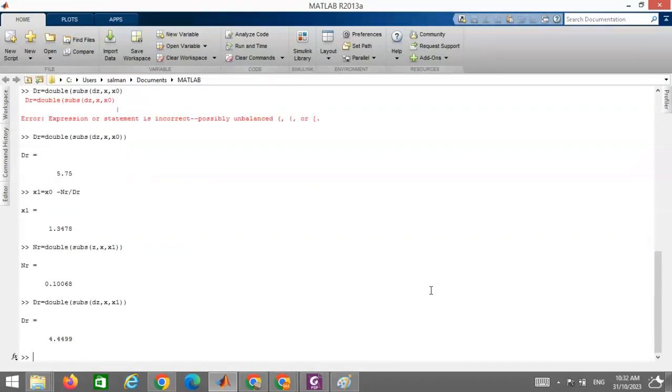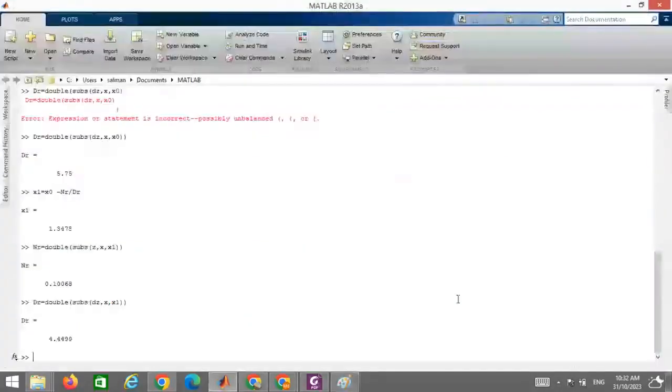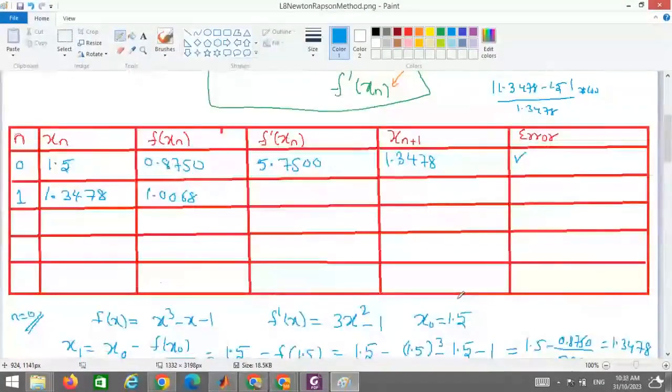So I get the denominator, which is equivalent to 4.4499. Is it correct? 4.4499. Yeah. So here I write.